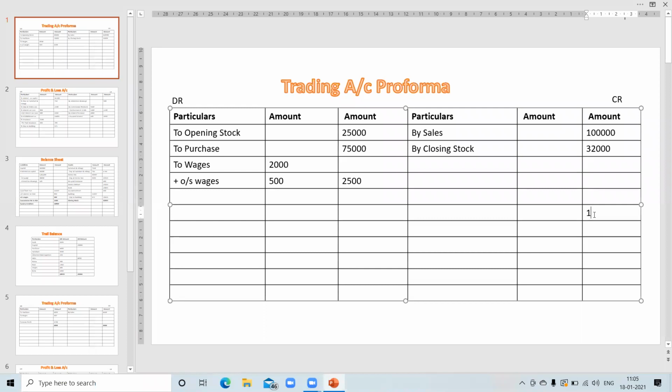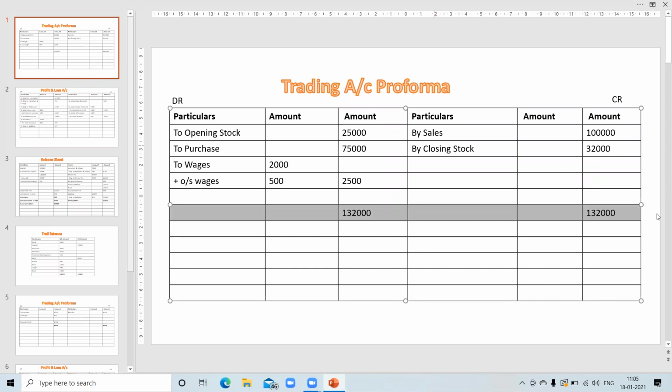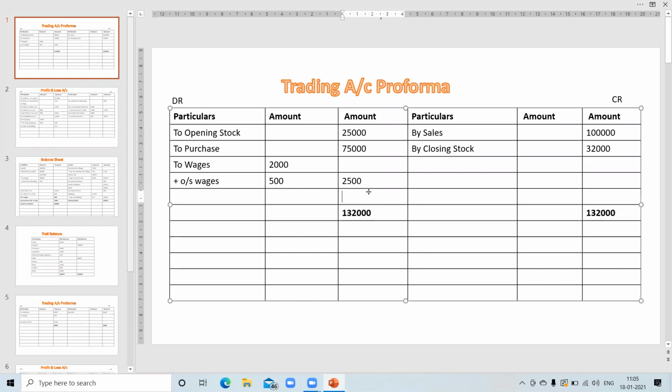Now it will be 1,32,000 plus on both sides. If you write, that is the same amount, 1,32,000. Right, so for example the expenses 25,000 plus 75, 1 lakh plus 2,500.